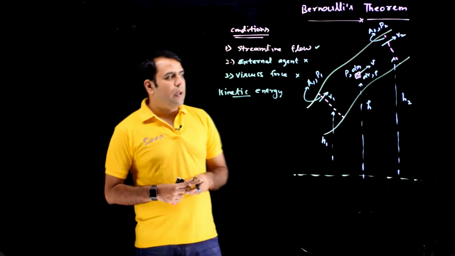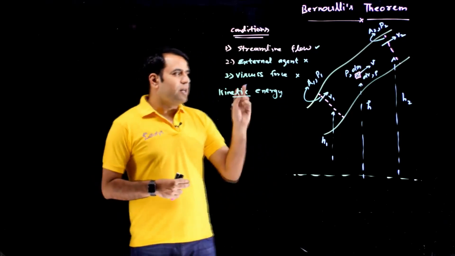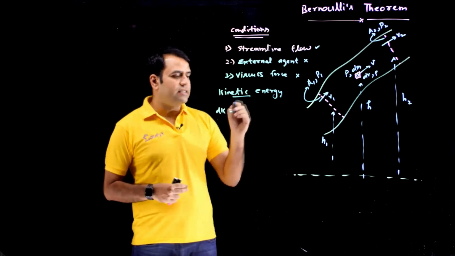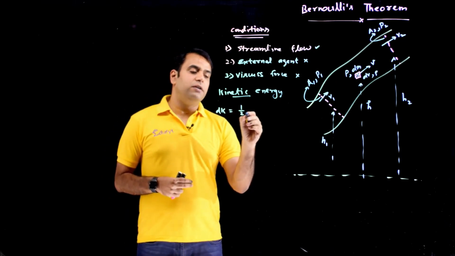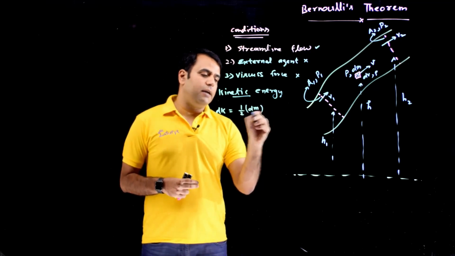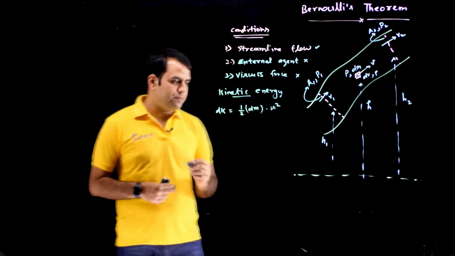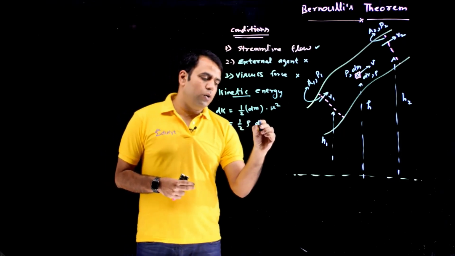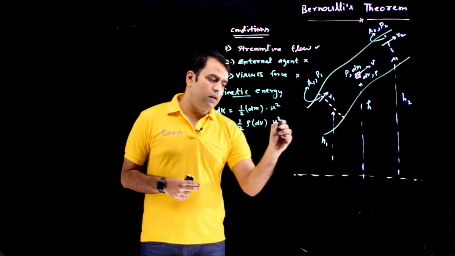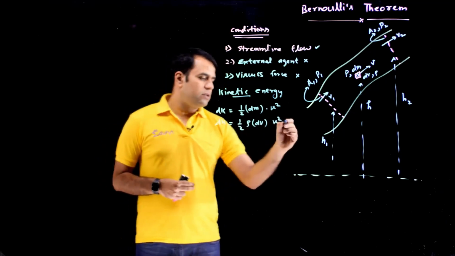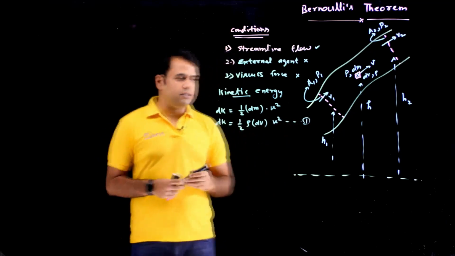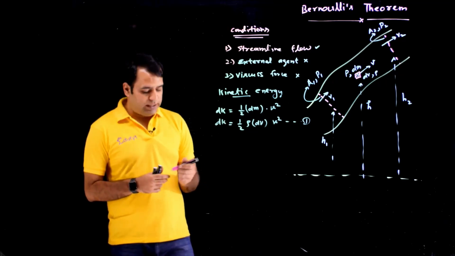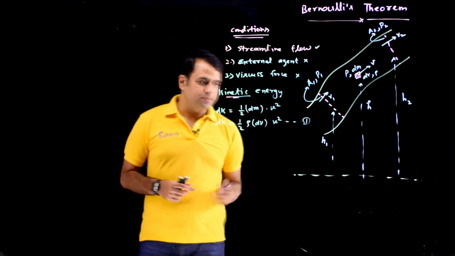I'll call the kinetic energy for that test volume dK. It can be written as half dm v square, and this dm we can write as rho dV. So the kinetic energy is half rho dV multiplied with v square.